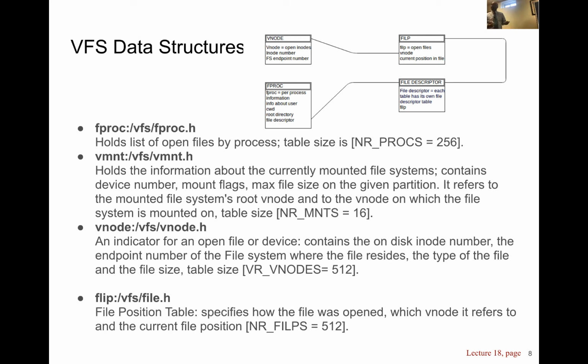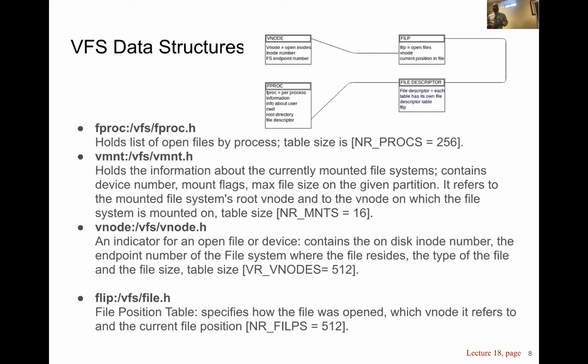If you remember the concepts I talked about last time, I said there are file tables that are maintained for each process. So in this case, you essentially have the fproc data structure that is implementing that functionality. Okay. vmount essentially tracks all mounted file systems that are currently present within the system, and it will have information like the device major number, minor number, the mount flags, and several other attributes.